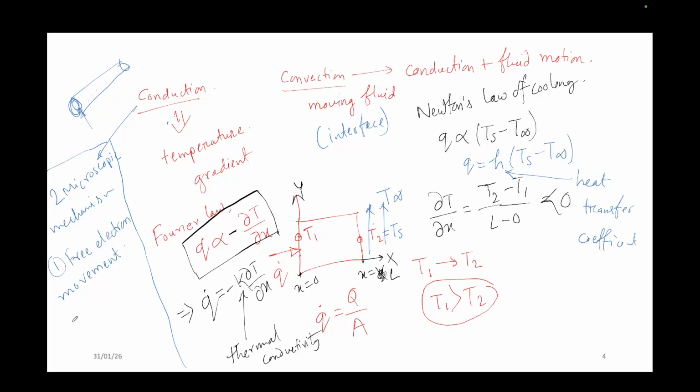And if it is not a metal, say any other material, then in that material the heat transfer is happening because of lattice vibration. Okay, so what is a lattice? In any solid body, the atoms are not placed randomly.